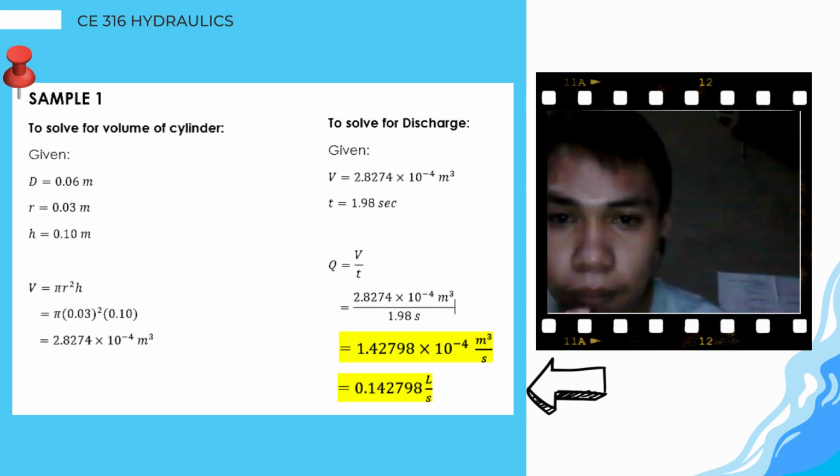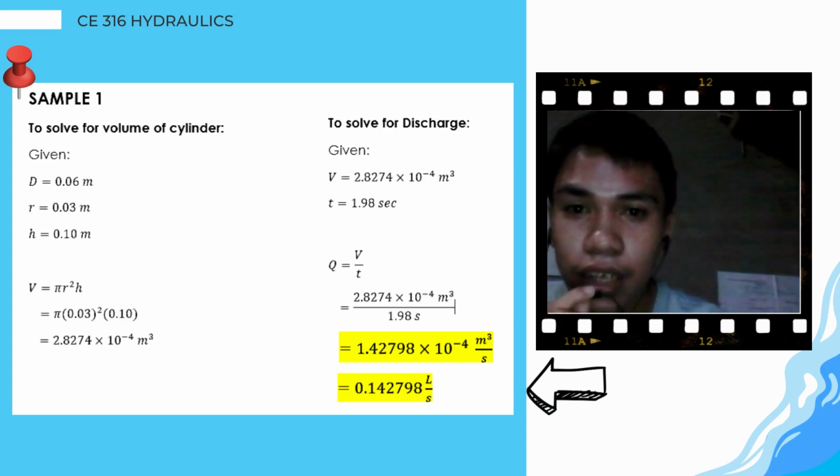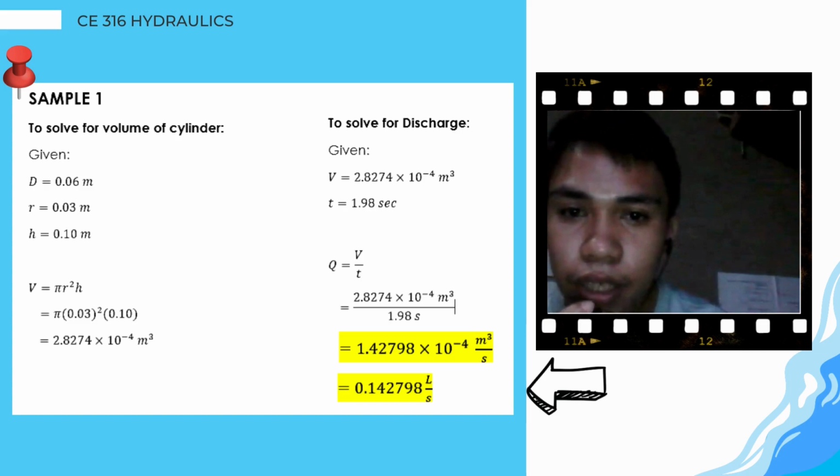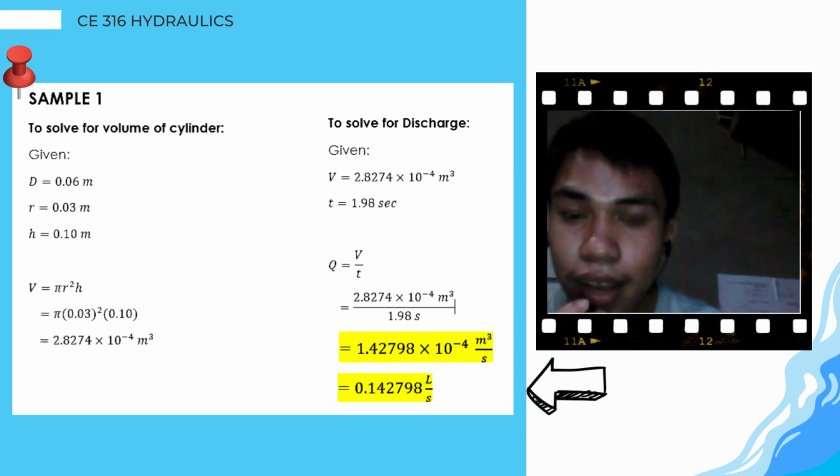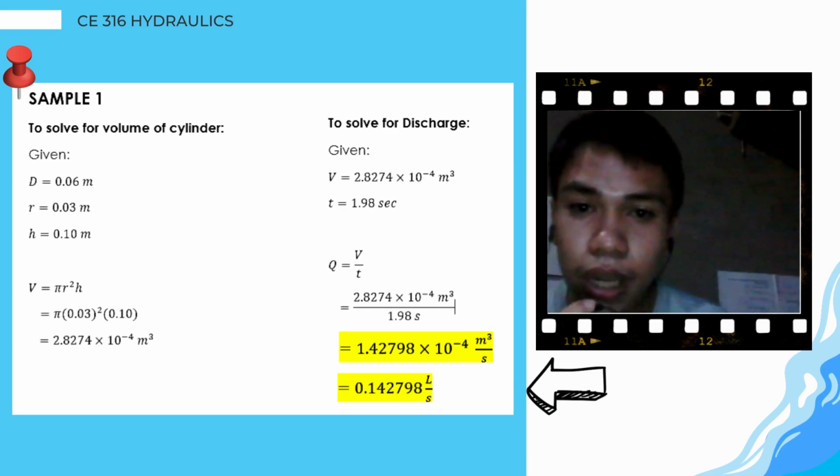So for sample 1, we divided 2.8274 times 10 to the power of negative 4 as our volume over our time with a value of 1.98 seconds. The computation resulted to 1.42798 times 10 to the power of negative 4 cubic meter per second.